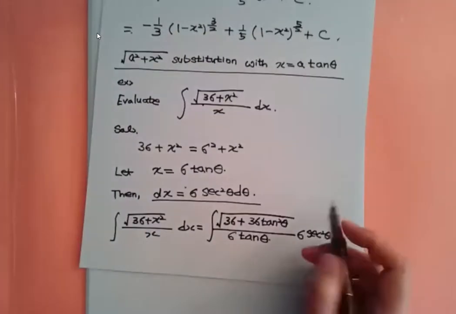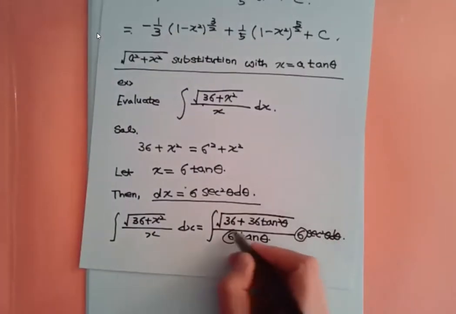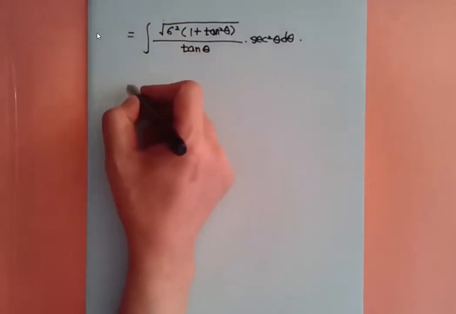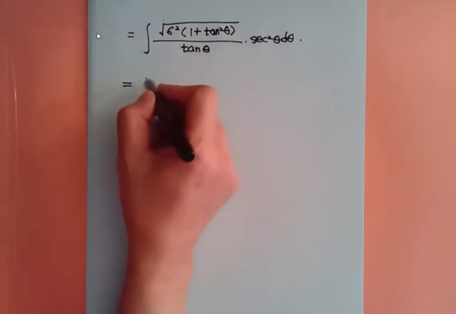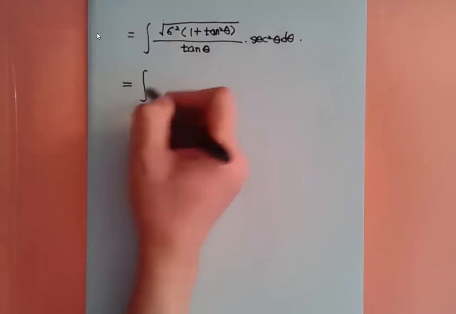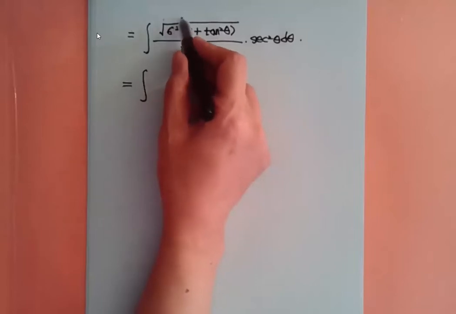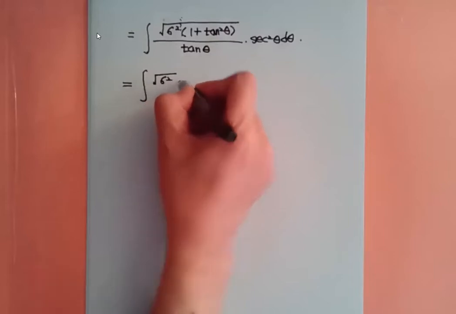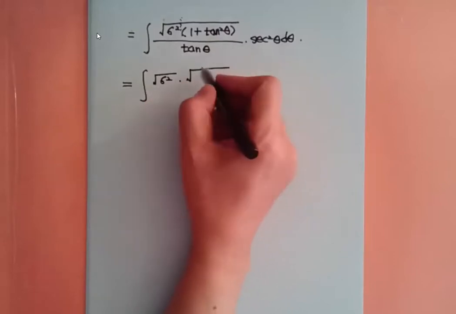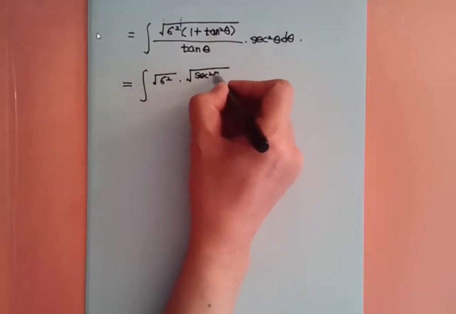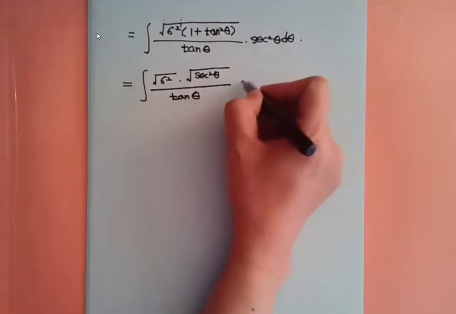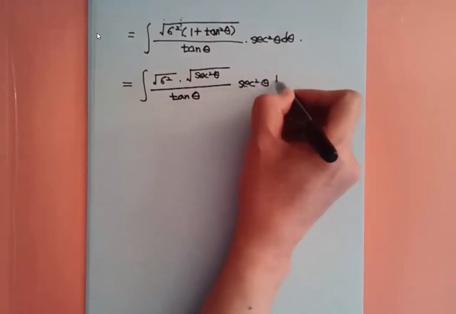So what I did was I took out 36 here and wrote it as 6 squared. Then let's separate this: square root of 6 squared times square root of 1 plus tangent squared, which is secant, over tangent of theta times secant squared of theta d theta.